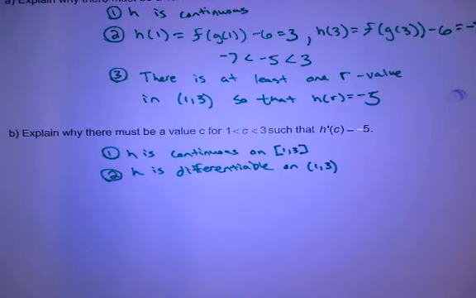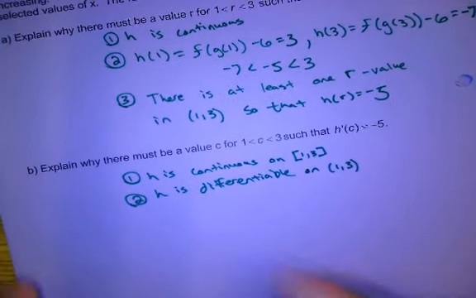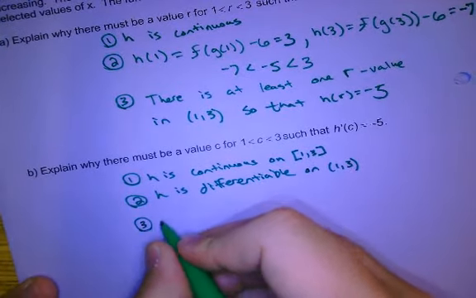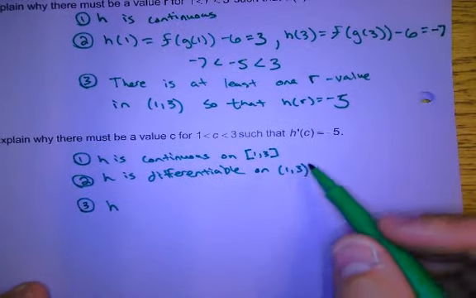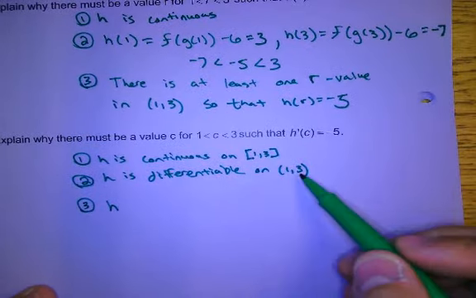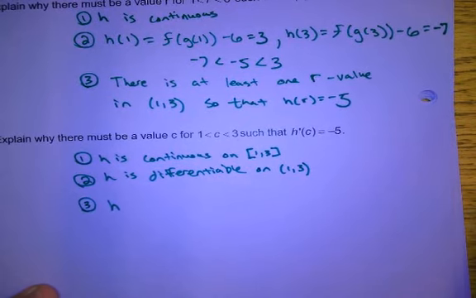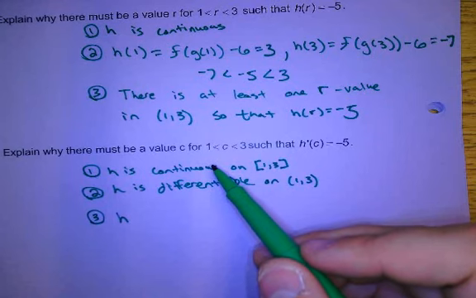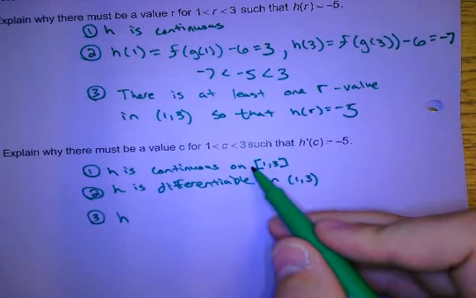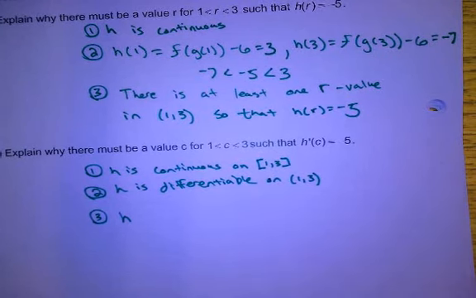So h is continuous, h is differentiable, so what do you need to do now? I need to find h prime, because closed interval, open interval. And I know it doesn't say it right here, but since it says it's differentiable all the way through, I know it's differentiable closed 1, closed 3.